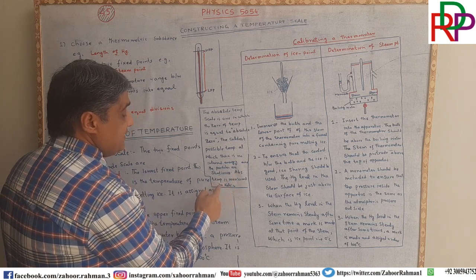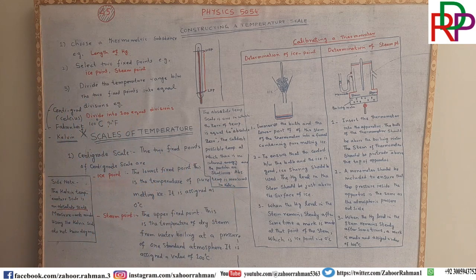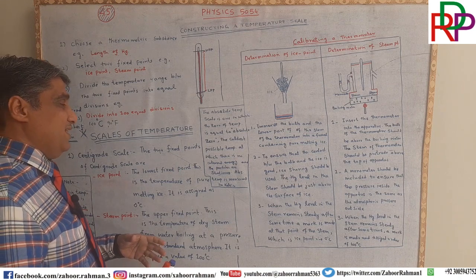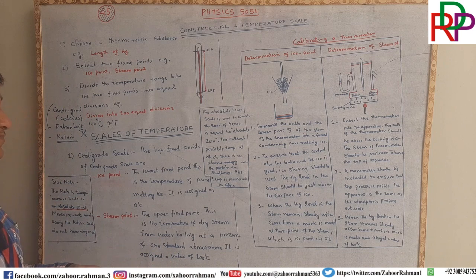Absolute temperature is measured in Kelvin, not in degrees. What is absolute zero? The temperature at which the internal energy of a substance is zero, meaning there is no movement of the particles, and they will be stationary. So such a lowest temperature can be measured in Kelvin.